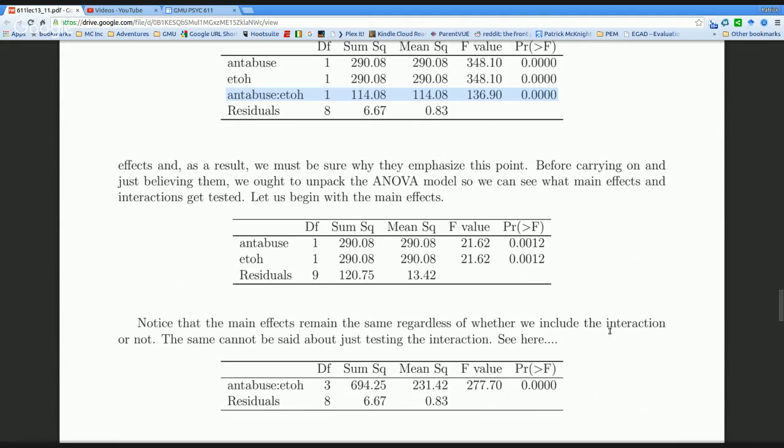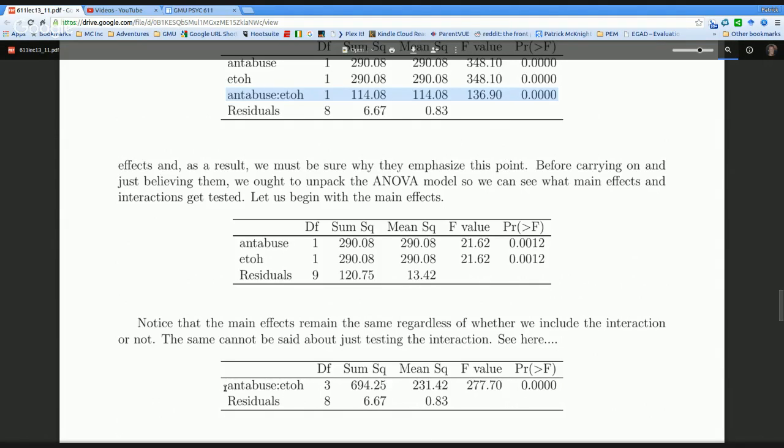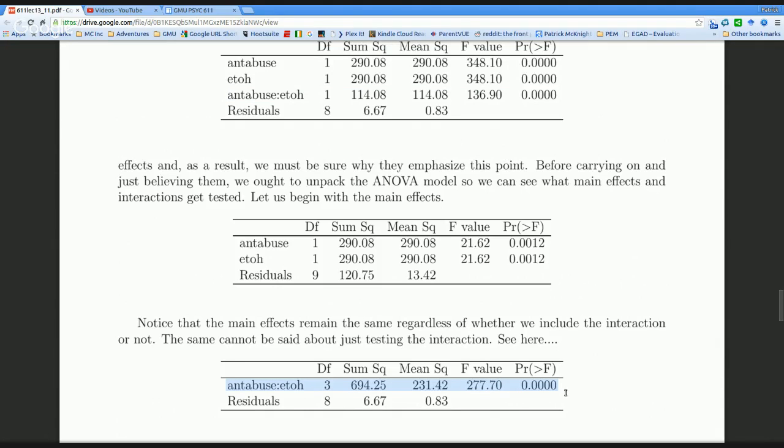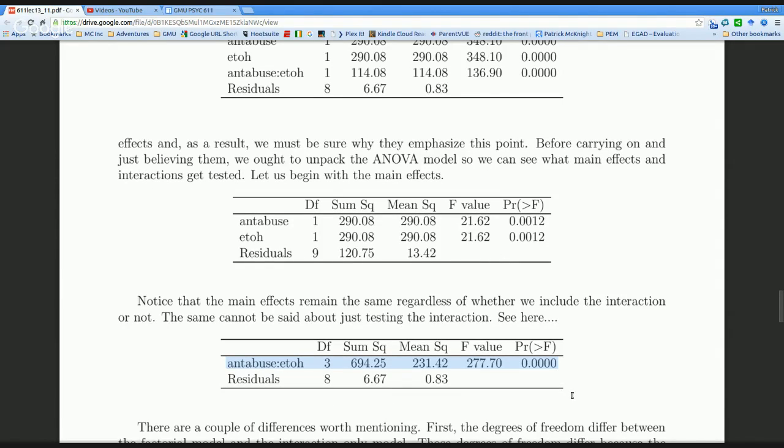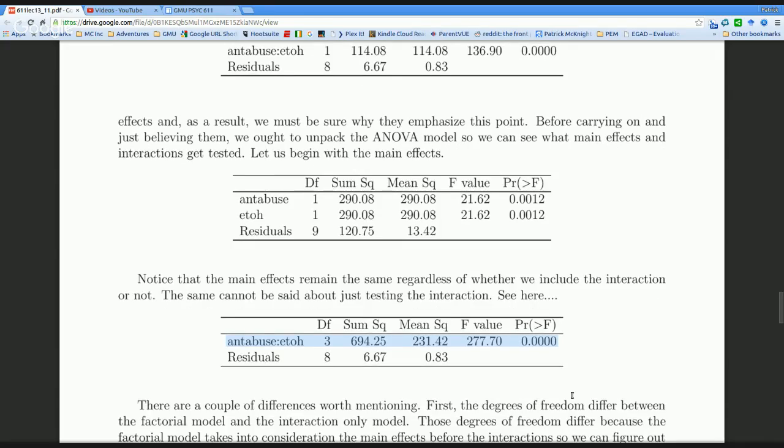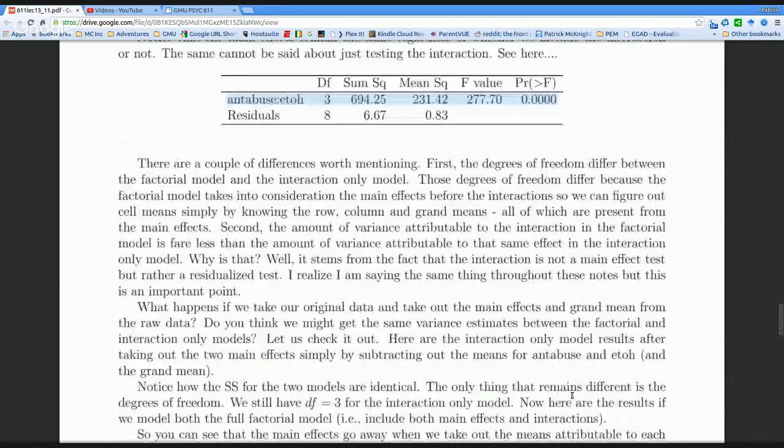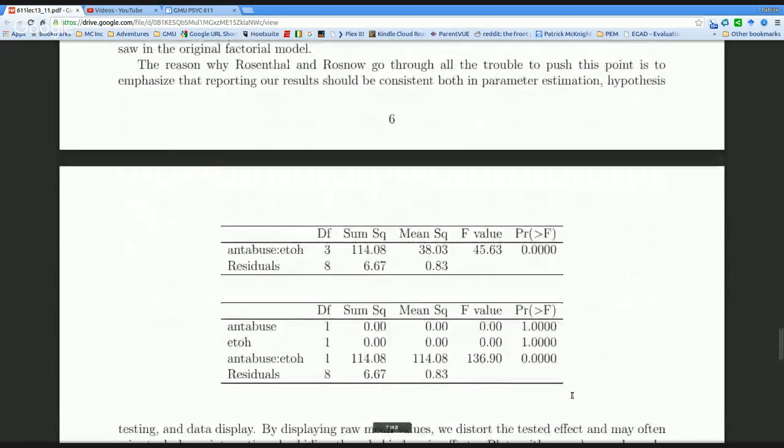Because the interaction is a residualized test. It's a residualized test because the main effects have to be taken out. Now, when we plot the raw means, we are essentially plotting this effect. We are plotting as if we tested the interaction as a main effect. So that's not right. That is not right.